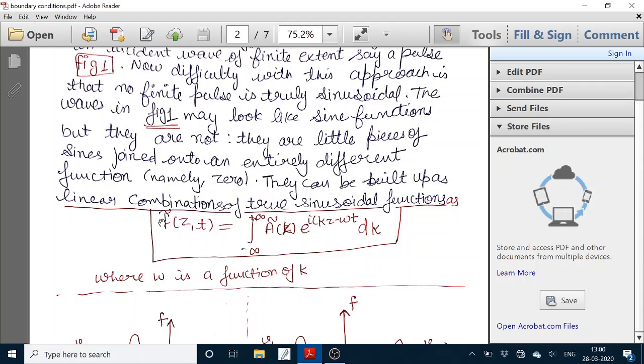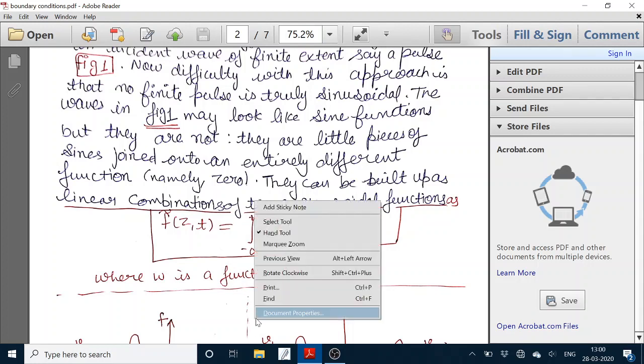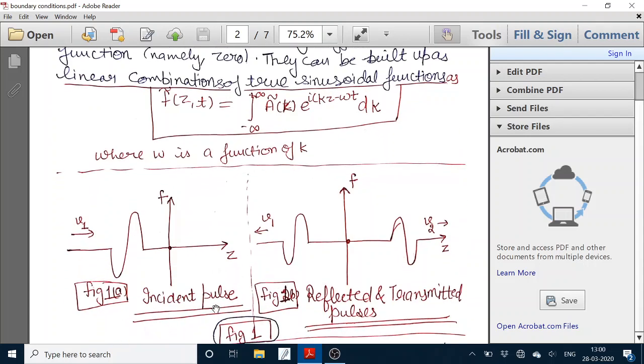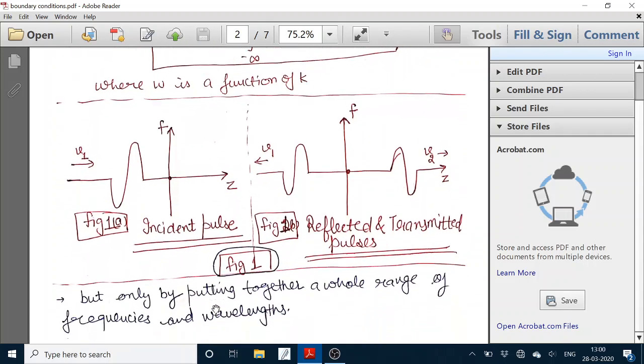The linear combination is represented as f tilde of z, t equals the integral from minus infinity to plus infinity of A tilde of k exponential i(kz minus omega t) dk, where omega is a function of k. We have already discussed this diagram.